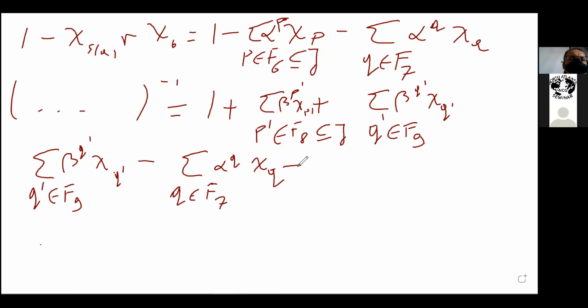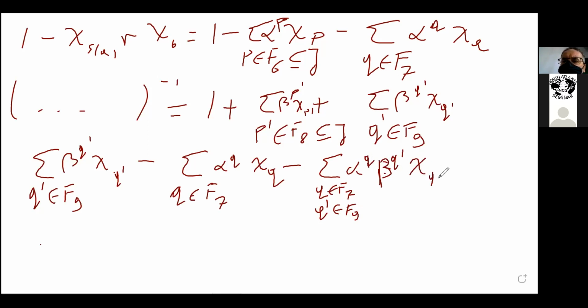Let's say that we multiplied 1 minus blah, blah, blah times its inverse, okay? So this will be the sum over Q in F7 and Q prime in F9, and I'll have here alpha Q beta Q prime, and here chi Q prime, okay? And this must vanish.